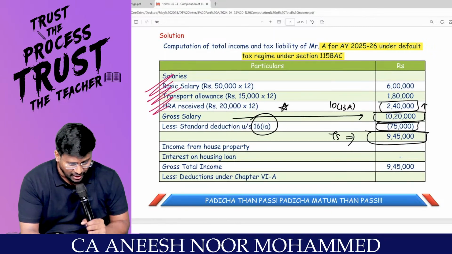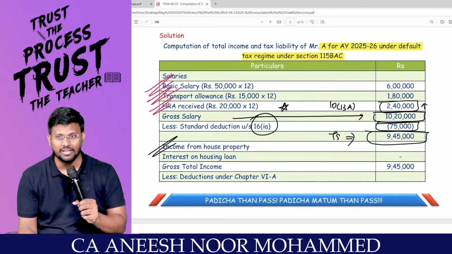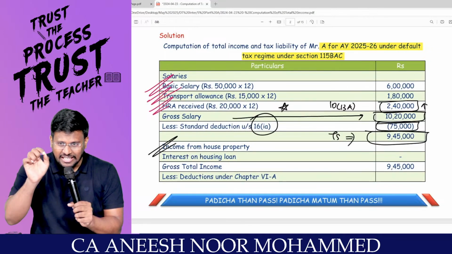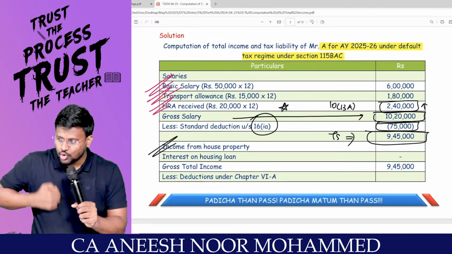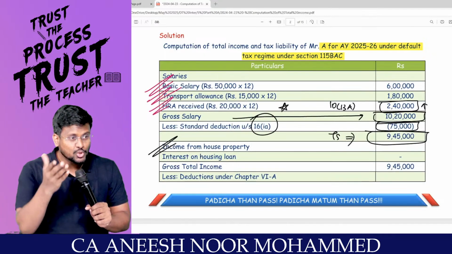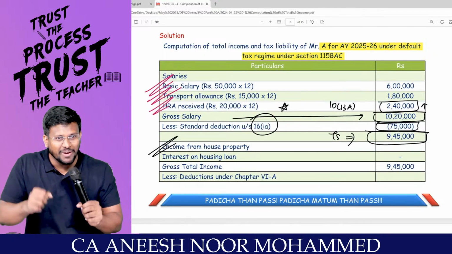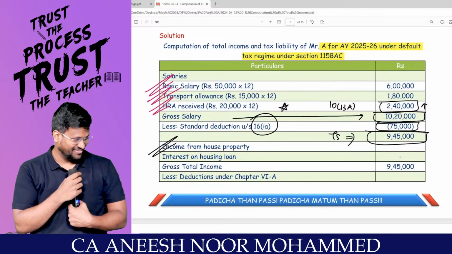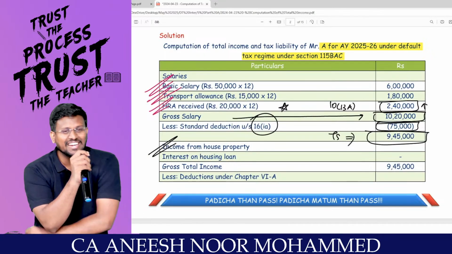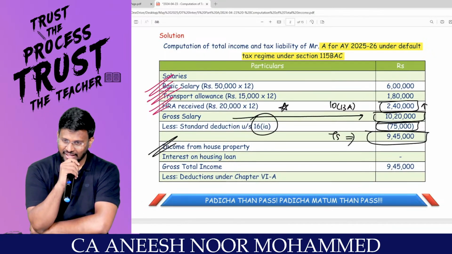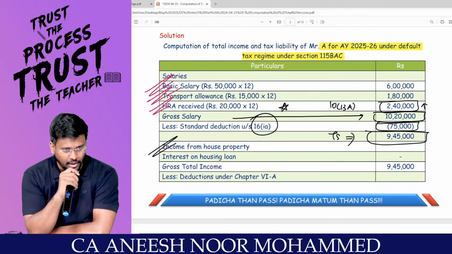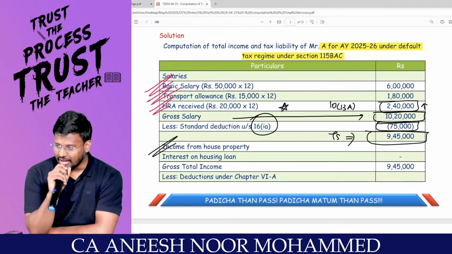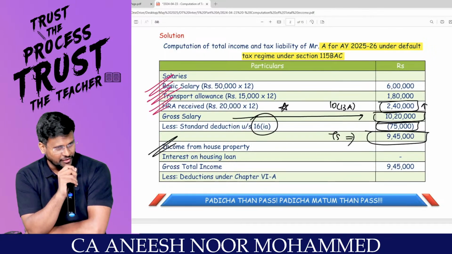That is fine. Come to the income from house property. Under income from house property, you have SOP and LOP. There is no SOP under the default tax regime. That is, GAV will be nil, less municipal taxes will be nil, NAV will be nil, and 30% of NAV cannot be claimed.